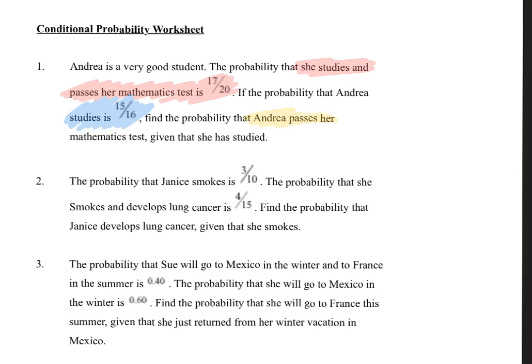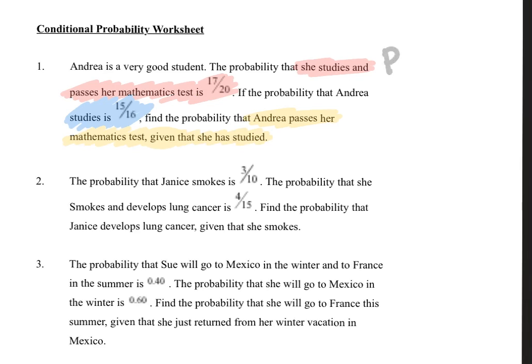Okay, so find the probability that she passes her math test given that she studies. The key word here is "given." So remember our formula.